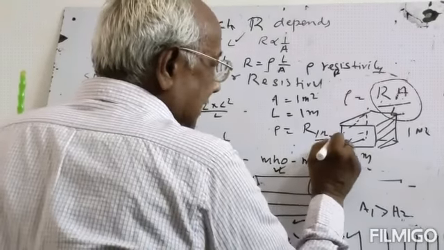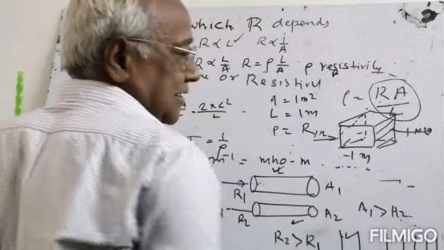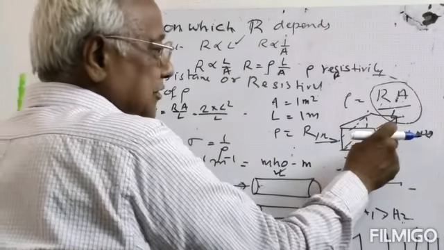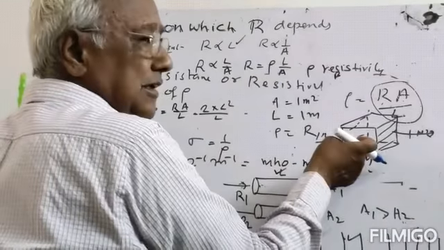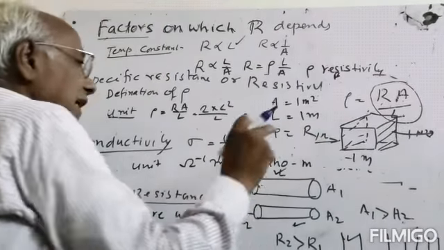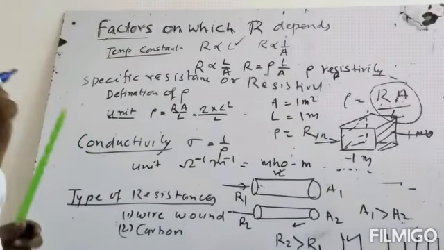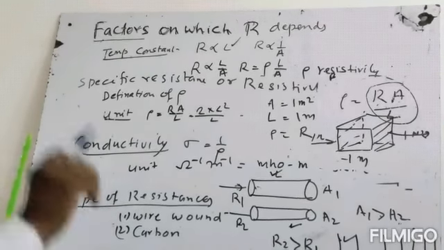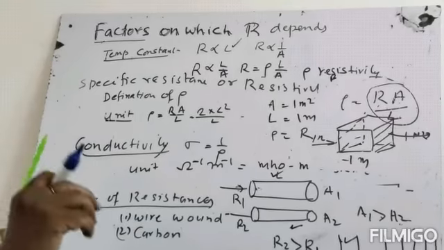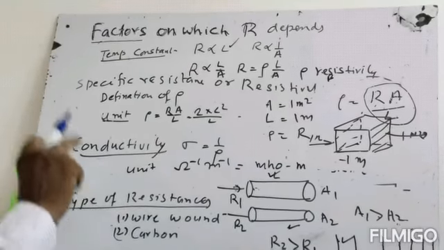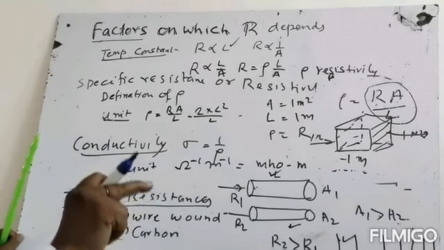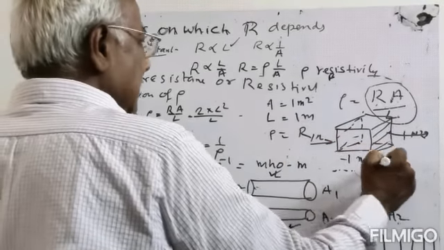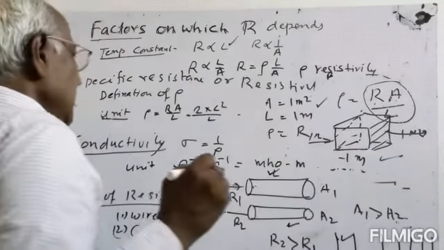So the resistance between two opposite ends will be equal to the resistivity, because area of cross section is 1 meter square and length is 1 meter. So we can say the resistivity of a conductor is the resistance between two opposite faces of the cube whose side is 1 meter. So we can define it by this method also.